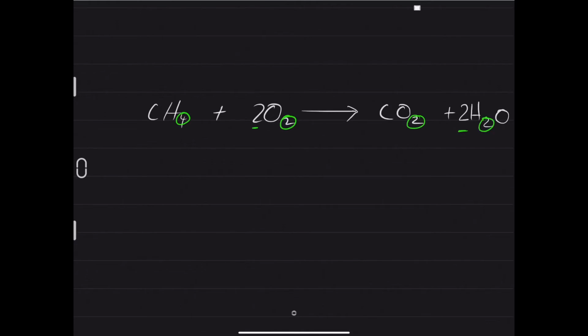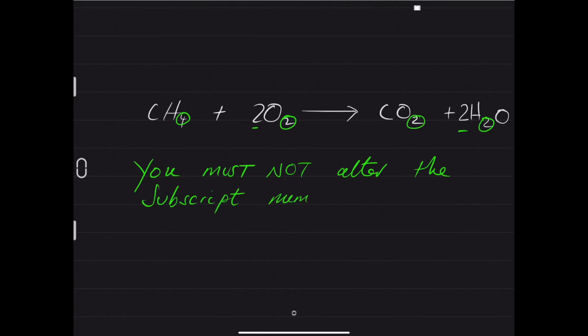Now, when we come to balancing equations, you cannot alter the subscript. So you must not alter the subscript numbers. And this is very important. You can change the coefficient, and all it does is change the amount of the particular reagent.